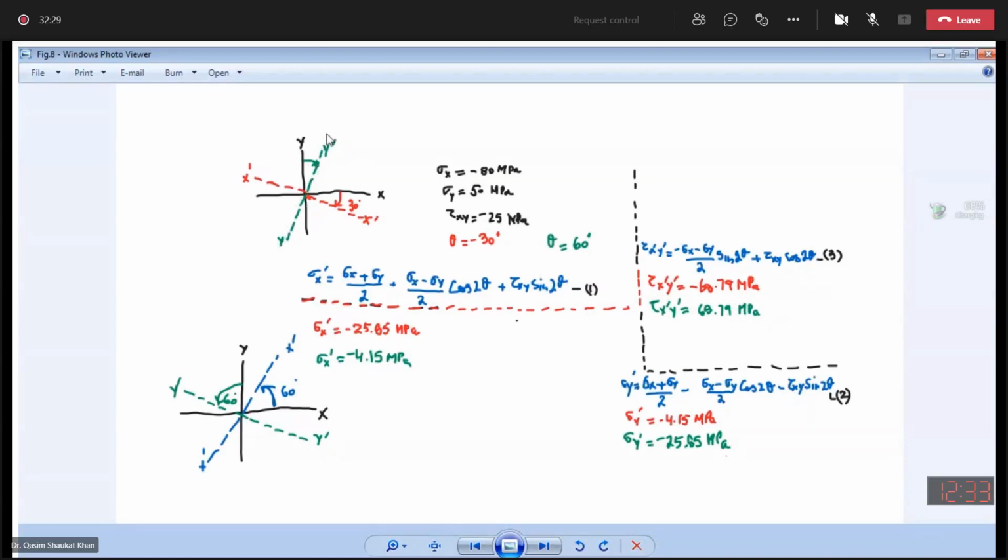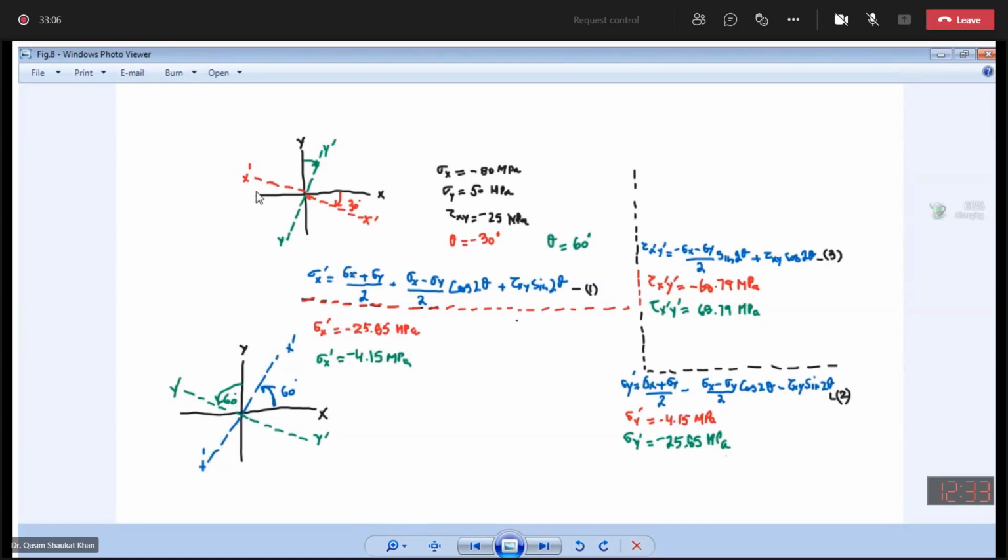So both are at the same plane, and at the same plane your normal stress value will remain the same. It was just interchanged: over here it was sigma y dash, over here it is sigma x dash, but at a plane which is 60 degrees counterclockwise with reference to x, over that plane the normal stress value is the same. Is this point clear? Yes sir.